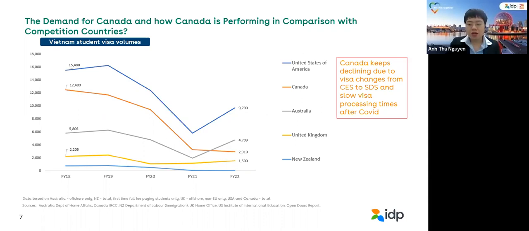However, during COVID, all of the destinations had a big drop, and the fastest rebounding destinations were the US and Australia. We can see here that Canada continued to decline because of visa policy changes and slow visa processing times.